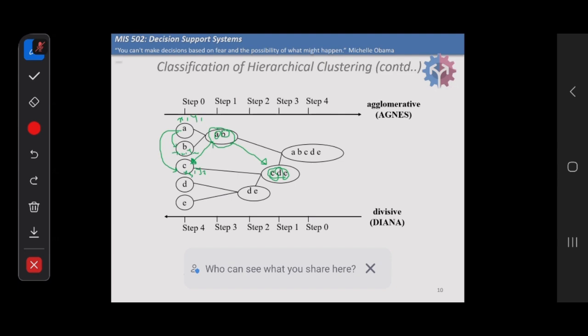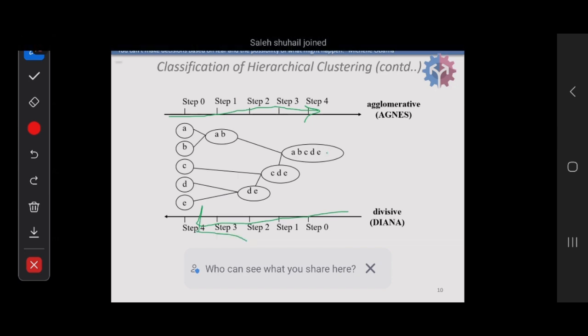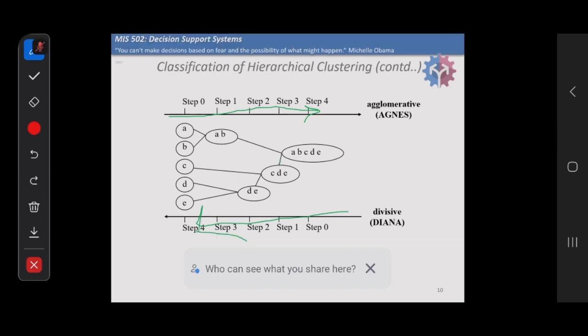So let's look at the divisive method. Rather than going in this direction, in the divisive method we go in this direction. We start with A, B, C, D, E and try to split the first biggest chunk that we can see.